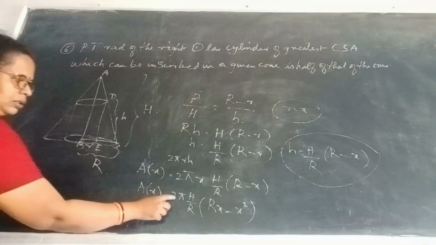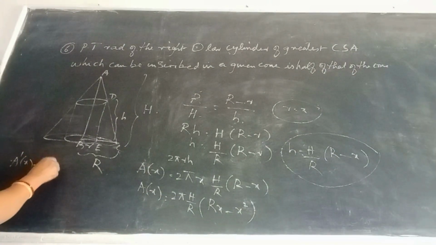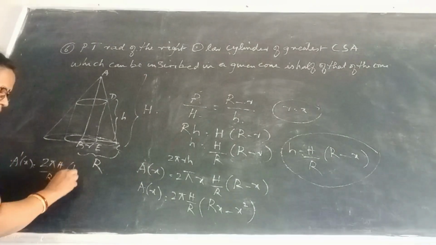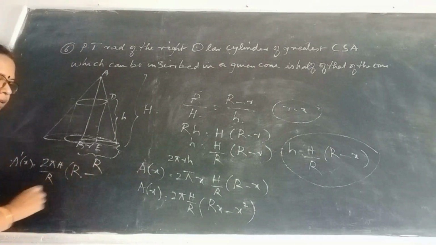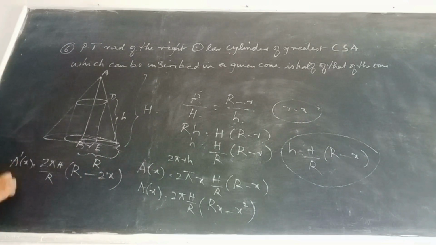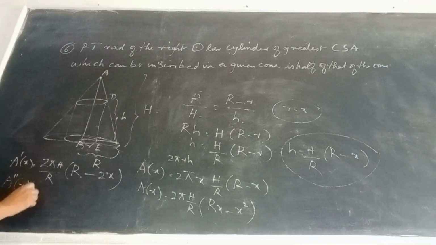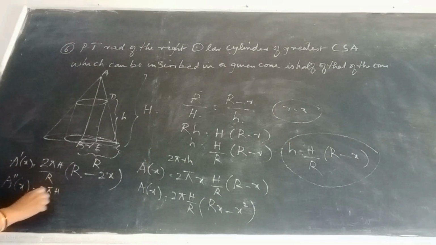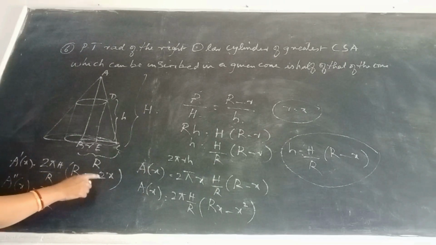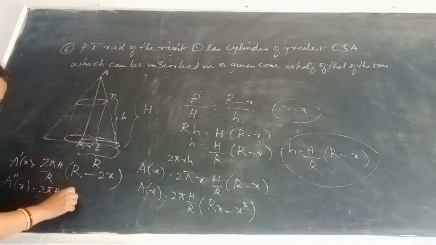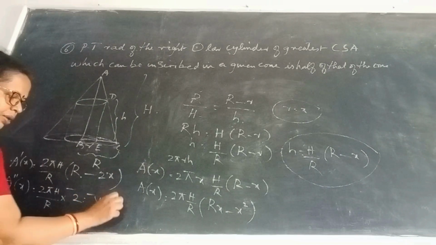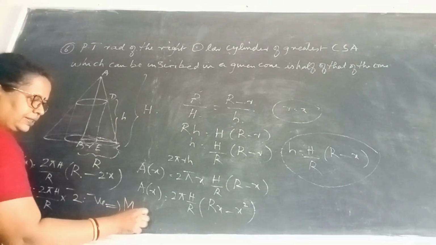A dash x is 2 pi H by R, which is a constant, times the derivative of R x, which is R, minus the derivative of x squared, which is 2x. Let us find the second derivative. A double dash x is 2 pi H by R times the derivative of R, which is 0, and the derivative of negative 2x, which is negative 2. So altogether we are getting negative. Negative implies what? Maximum CSA.